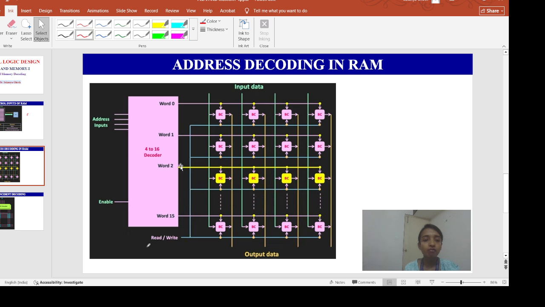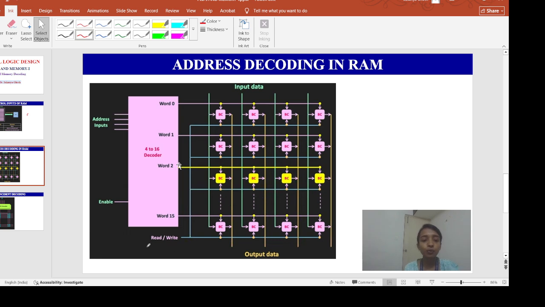If I want to perform the read operation, the read signal will be made logic 1, and since the second word is selected, only that word will respond to the read signal.